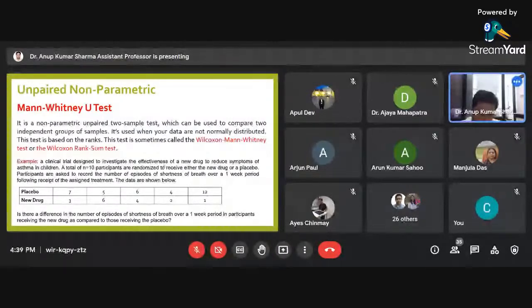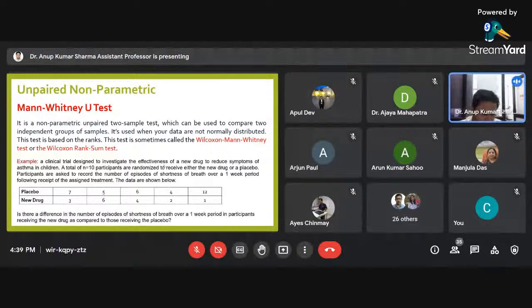In this case we compare two independent groups of samples where the samples do not follow the normal distribution. Sometimes it is also called the Wilcoxon-Mann-Whitney test or the Wilcoxon rank-sum test, because here we include the ranks.